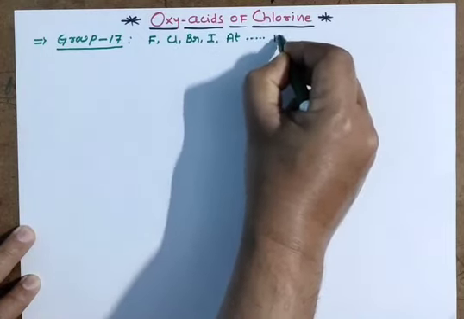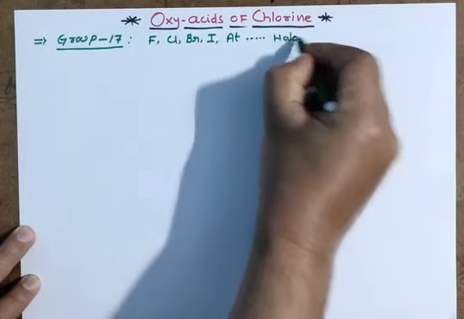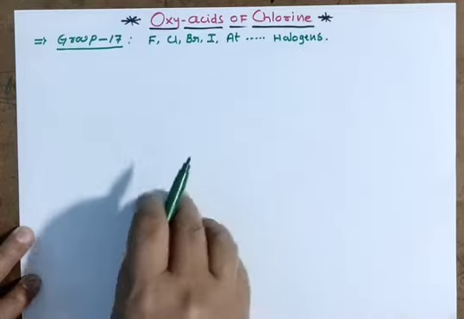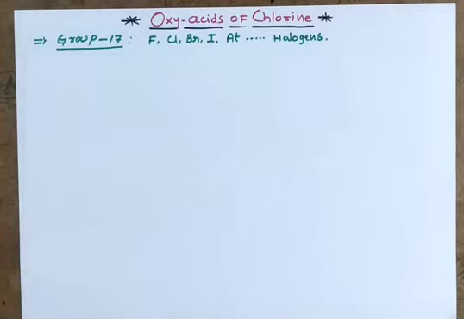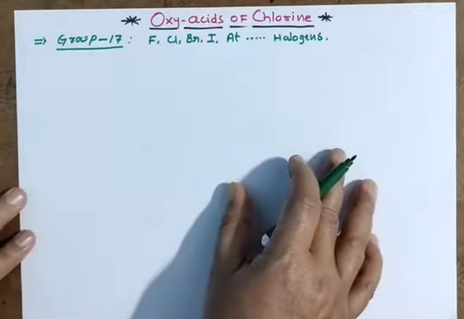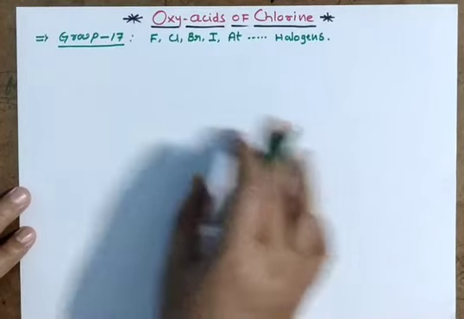These we are calling as halogens. So what is the name of group 17 elements? Halogens. In this, chlorine oxoacids I am going to discuss.